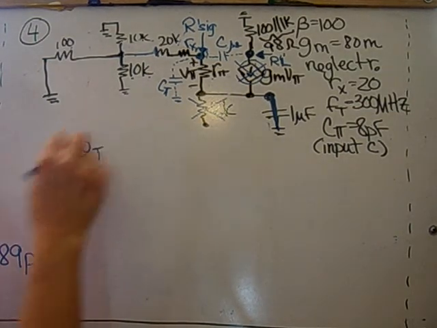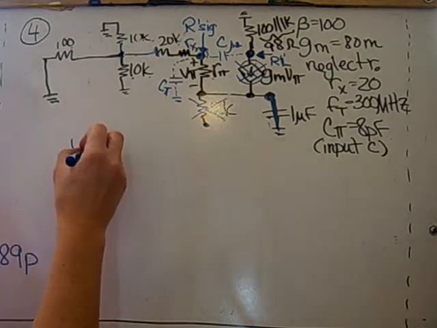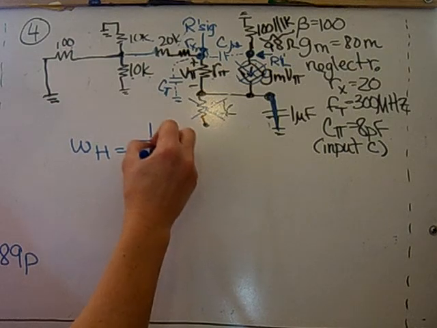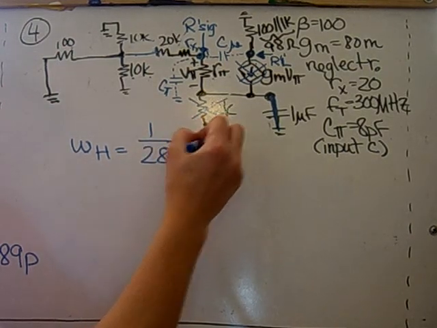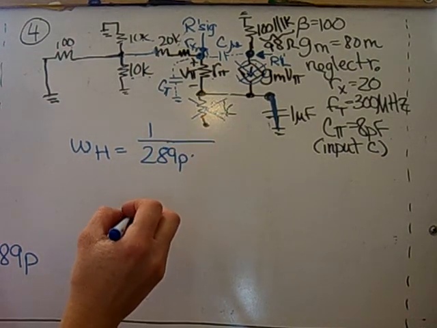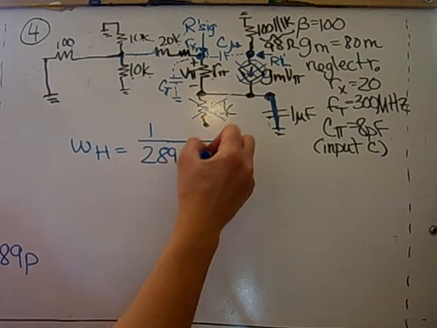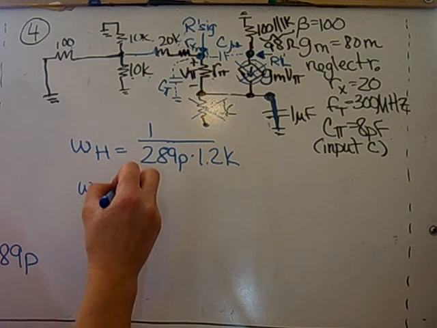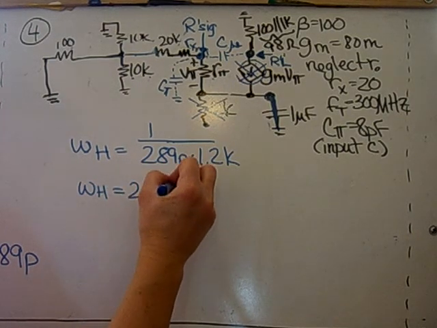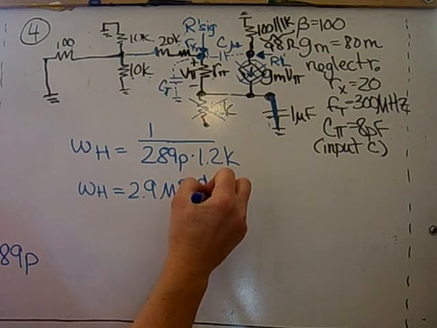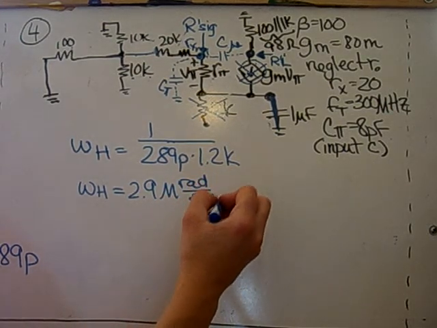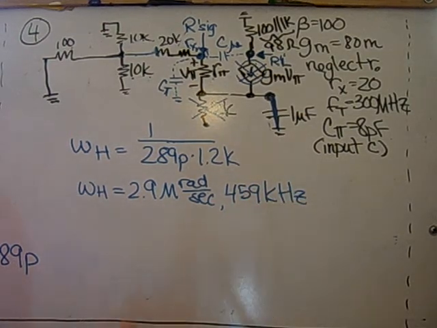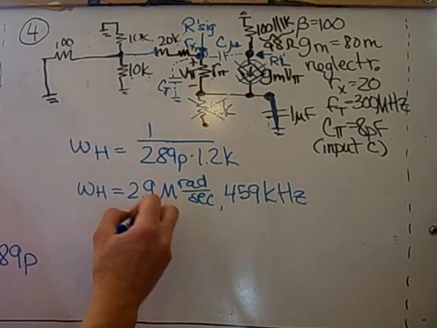And omega h is going to be 1 over the Cn value of 289 pico times R prime sig, which was 1.2K. So this gives a high value of 2.9 mega radians per second. Again, divide it by 2 pi for hertz, and it gives 459 kilohertz. So this will be the range.